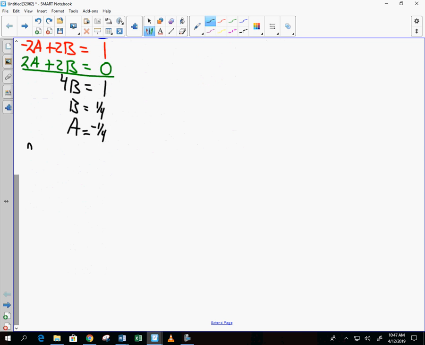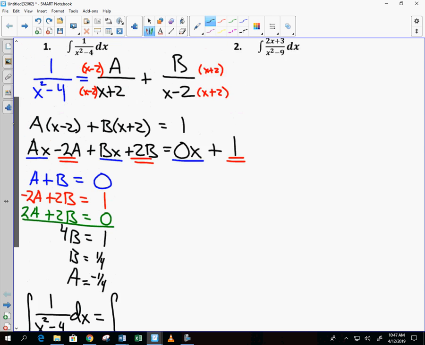That means this. The integral of 1 over x squared minus 4 dx is actually equal to a different integral. I'm going to rewrite it.